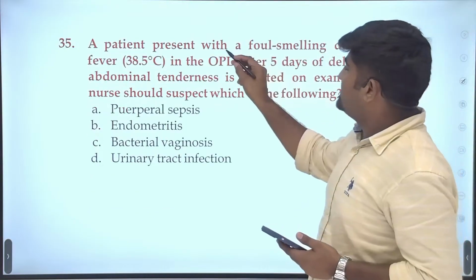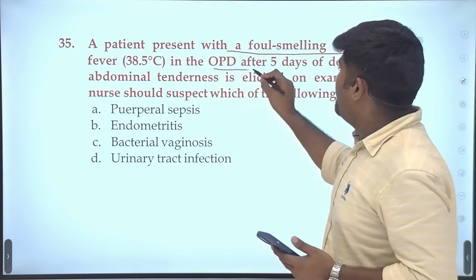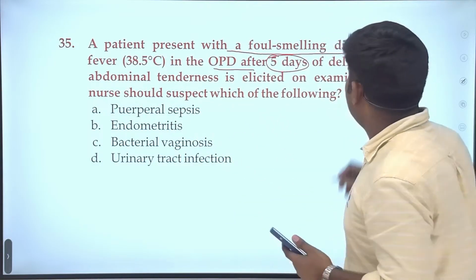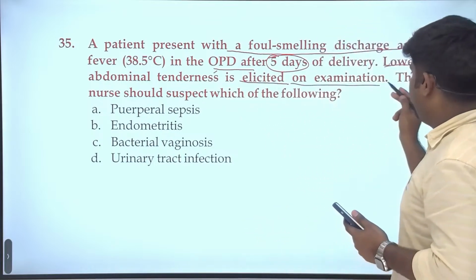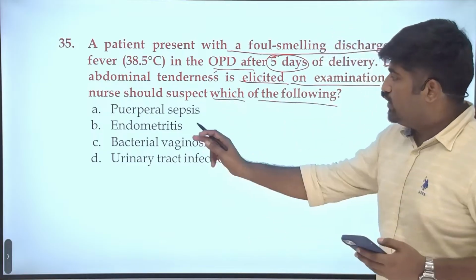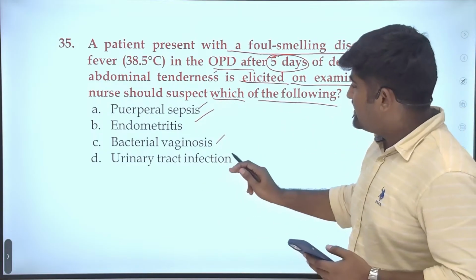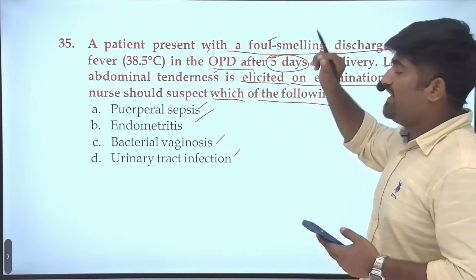A patient presents with foul smelling discharge, fever is there in the OPD after 5 days of delivery. Lower abdomen tenderness is elicited on examination. The nurse should suspect which of the following conditions: endometriosis, bacterial vaginosis, puerperal sepsis and urinary tract infection. Fever is there, foul smelling within 5 days.